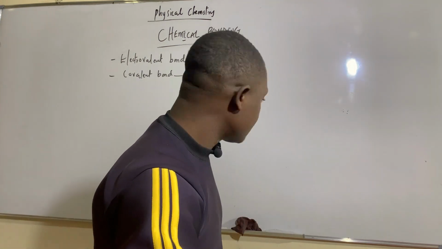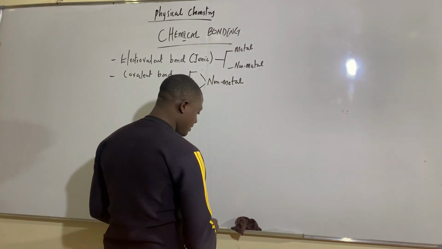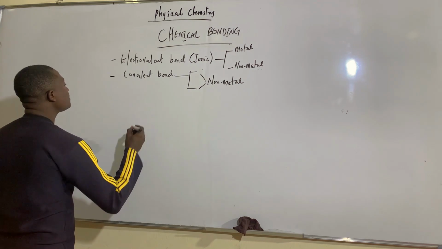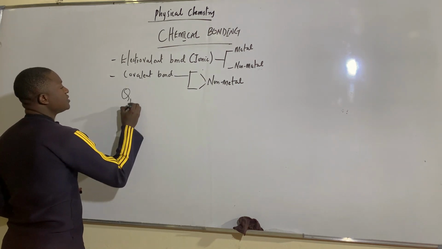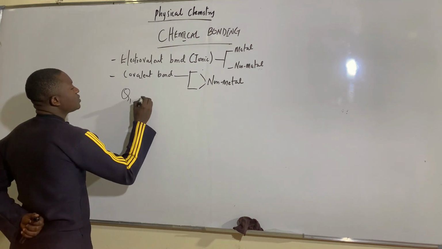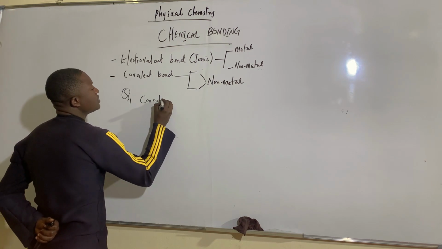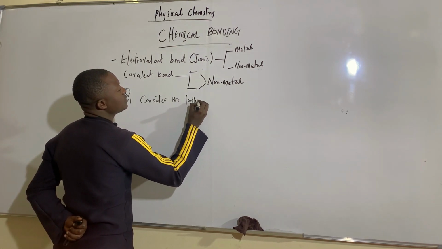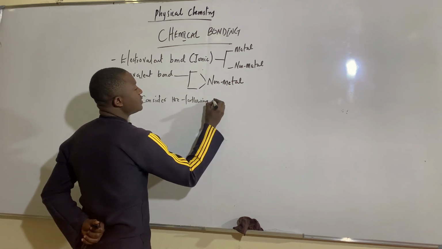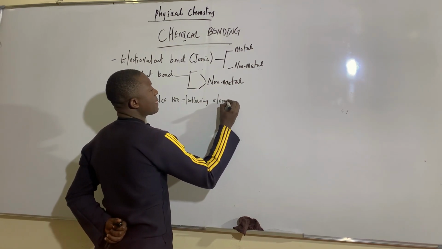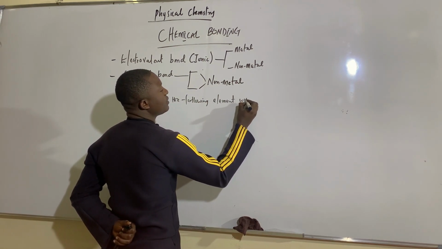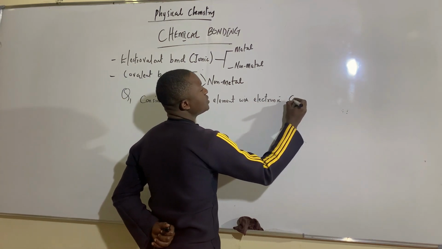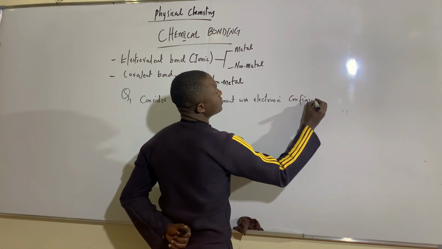So how are we going to do that? Let's take a look at this example 1. They said, consider the following elements with electronic configuration.